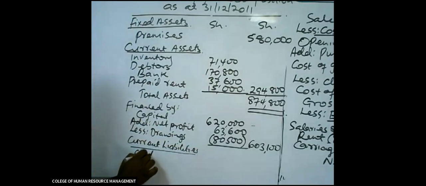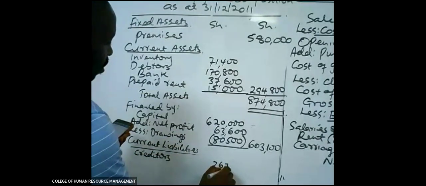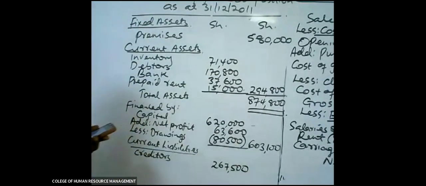Creditors, what we owe the suppliers, 267,500. Then we are told outstanding wages.